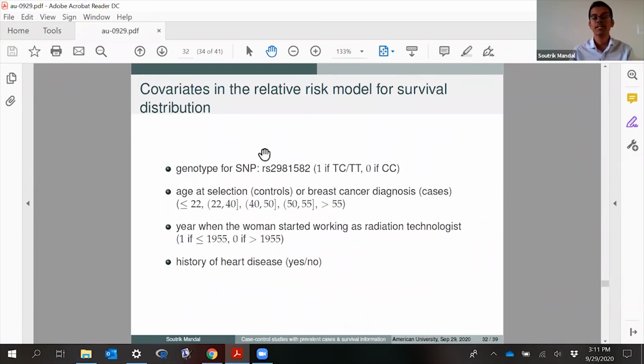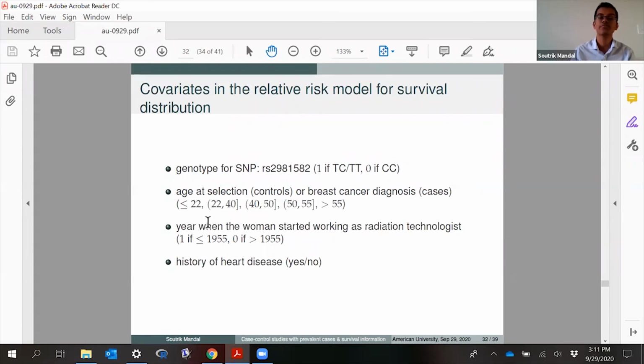So what are the covariates used in our relative risk model for the survival distribution? We have the genotype for this particular SNP, which is coded as a 0-1 variable. We have the age at selection for controls and age at breast cancer diagnosis for cases.